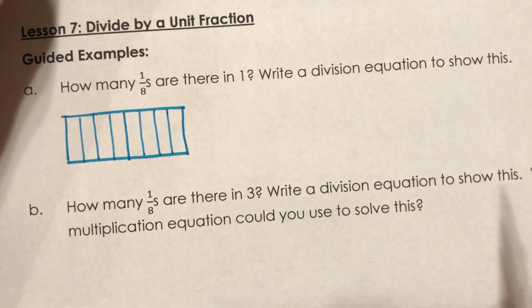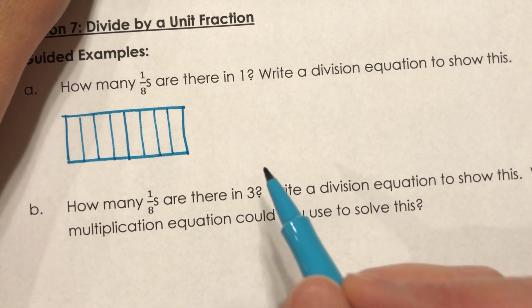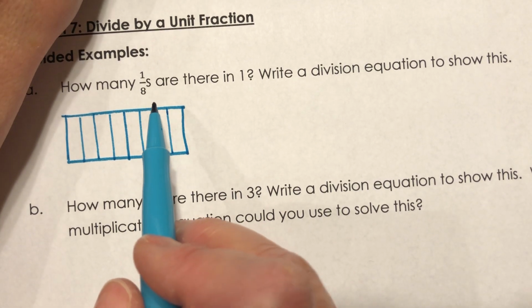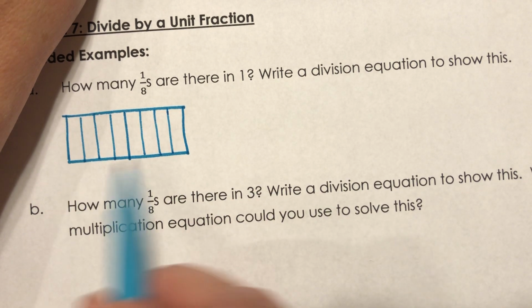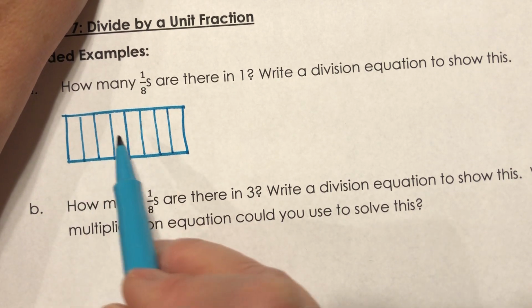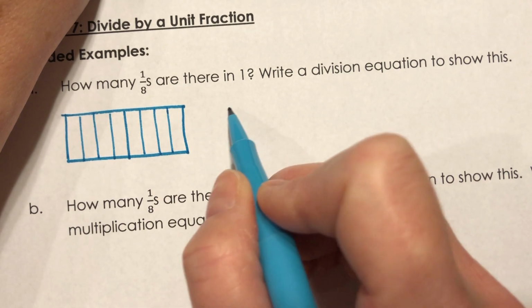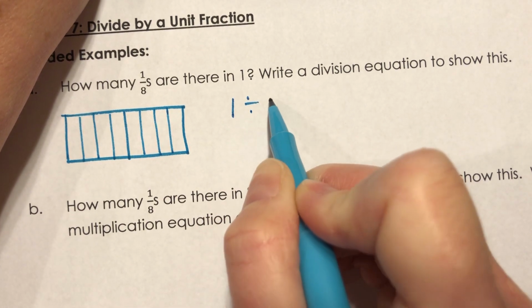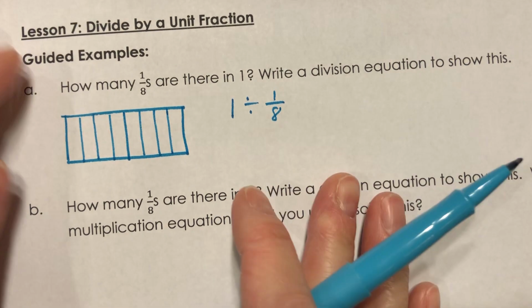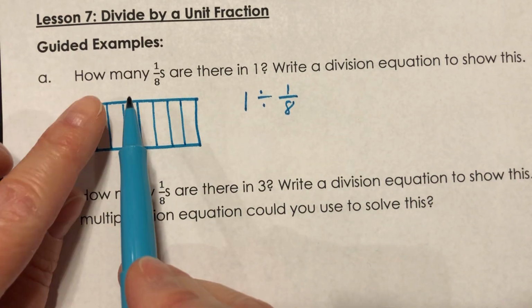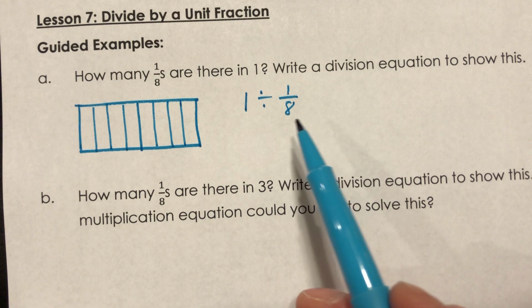So when it asks you to write a division equation, I want you to think about this. What did I start with? I wanted to know how many eighths there were in 1, so I took 1 whole and divided it up into eighths. So we did 1 divided by 1/8. That would be our division equation. So 1 divided by 1/8, not 1/8 divided by 1.